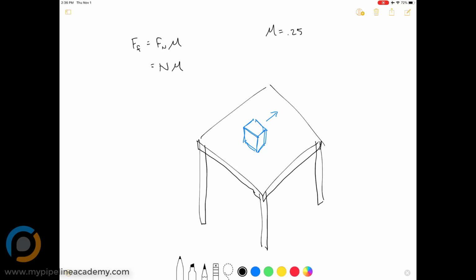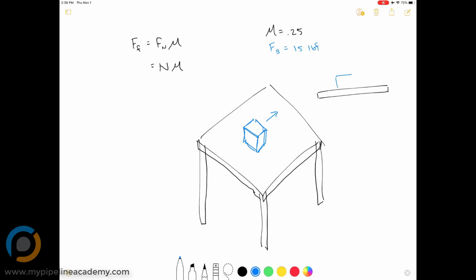And we know that this blue box weighs, so we'll say the force of the box equals 15 pounds.